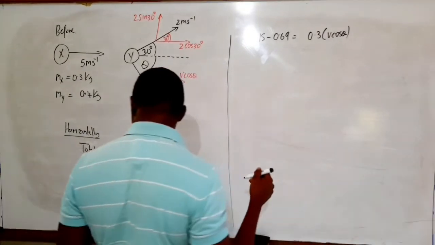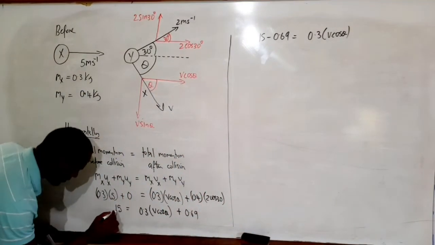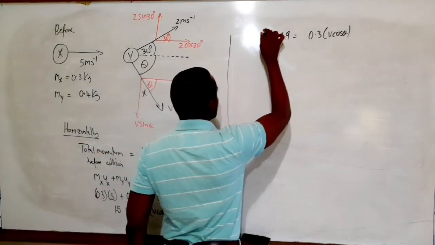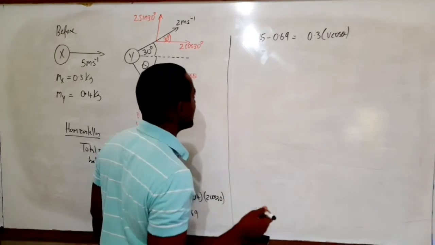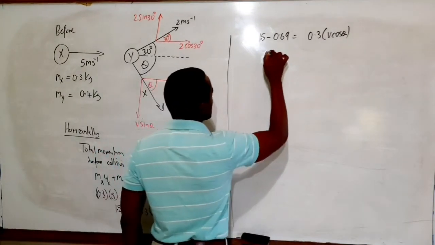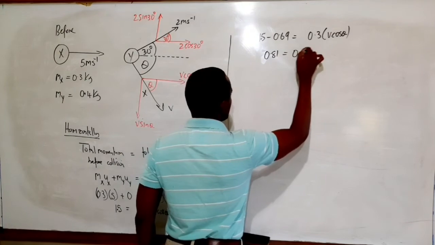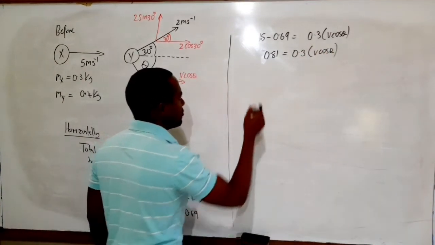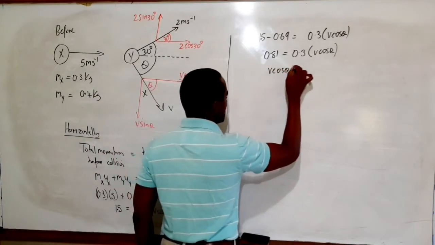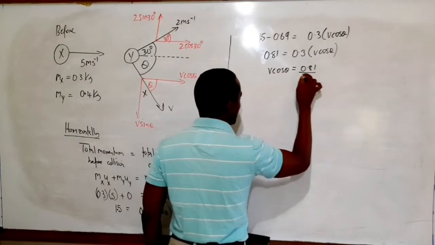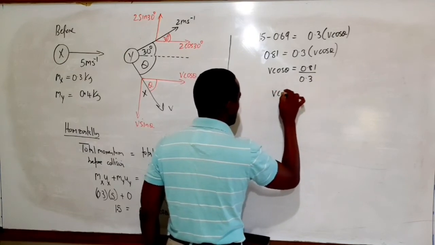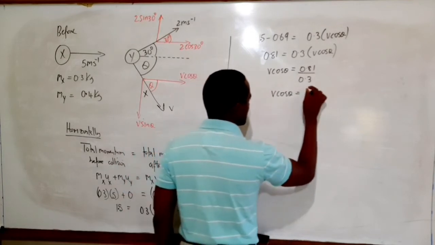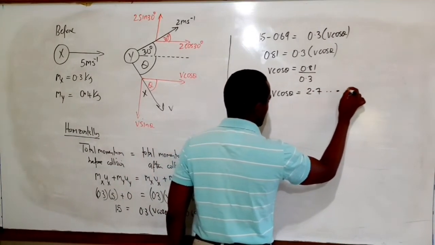Sorry, not 15, 1.5. So 1.5 minus 0.69 gives us 0.81, equal to 0.3 times v cos theta. If we divide both sides by 0.3, we get that v cos theta is equal to 0.81 divided by 0.3, and so v cos theta is equal to 2.7, and we call that equation 1.